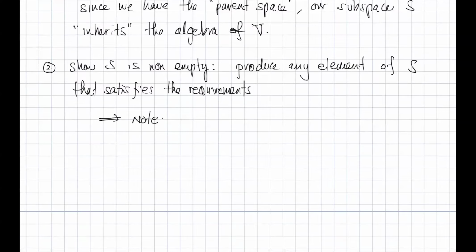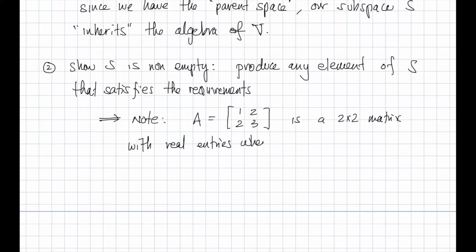Note, a matrix A equal to 1, 2, 2, 3 is a 2 by 2 matrix with real entries where the A12 and A21 positions are equal.